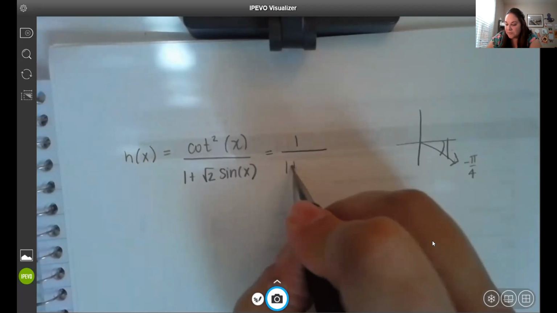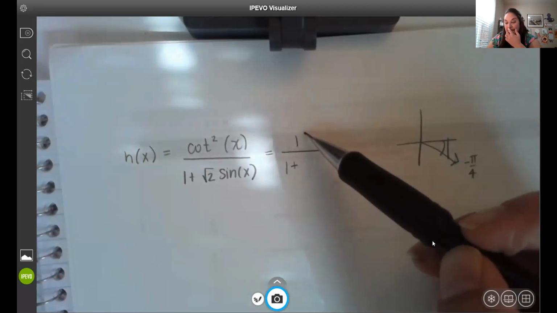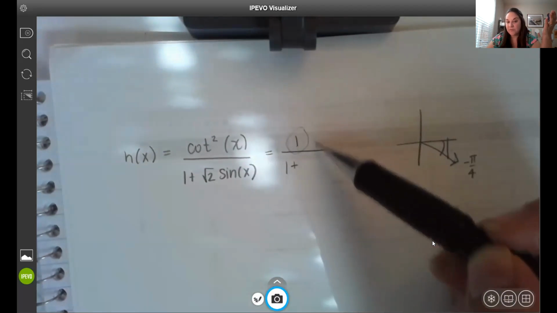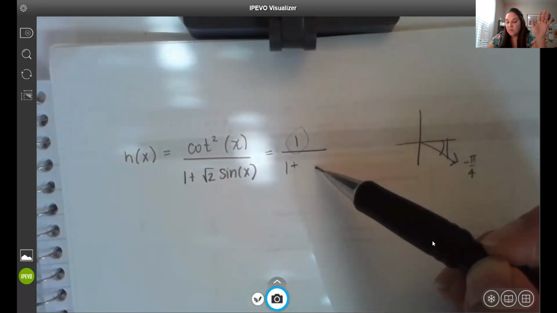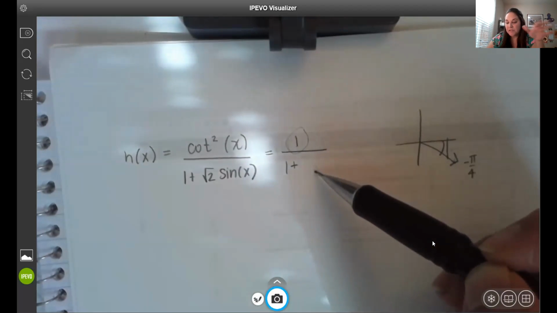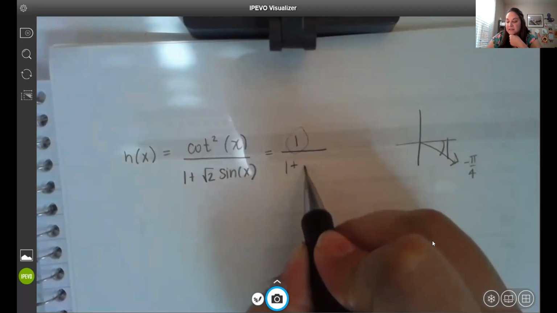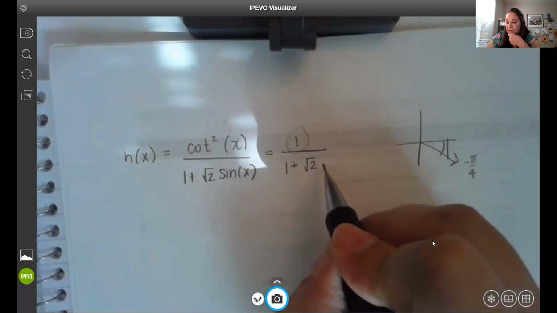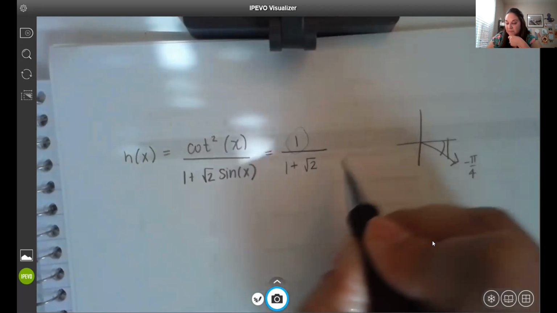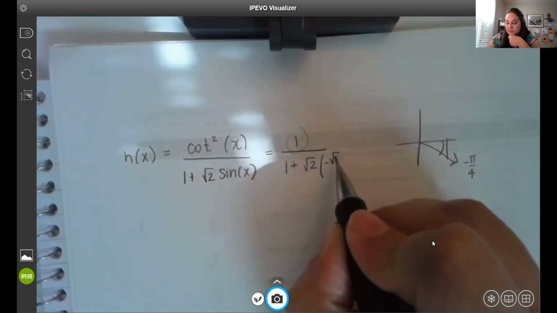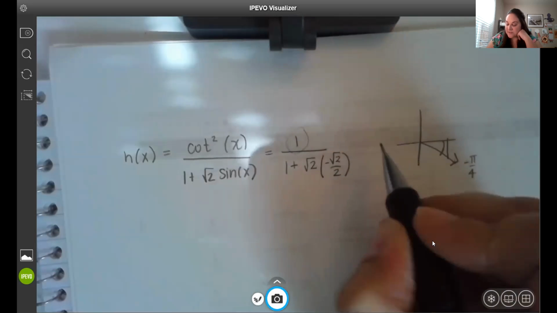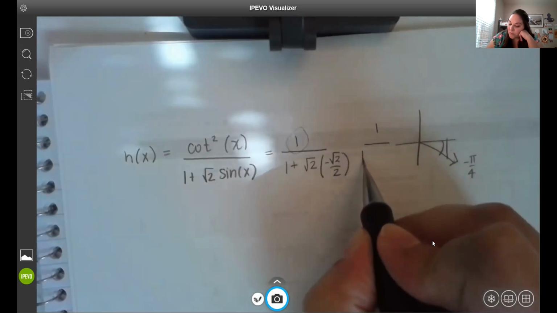And then I have 1 plus. So right off the bat here, I can tell that this isn't going to be the indeterminate form because I don't have a 0 over 0. What I don't know is if the denominator is going to be 0, and that is left to be found by me finding the sine of negative pi fourth, which is negative root 2 over 2. And so that's going to be 1 over 1.